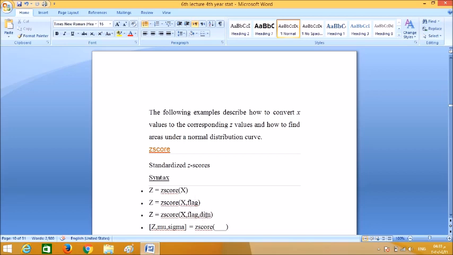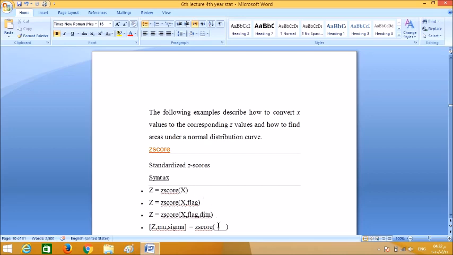Here, dim is for a matrix. If we deal with a matrix, then dim equals 1 for columns, or omit dim, and dim equals 2 for rows. So if you want to get the z score for rows, put dim equal to 2. Then z, mu, sigma equals zscore of x, for example, or any one of these.